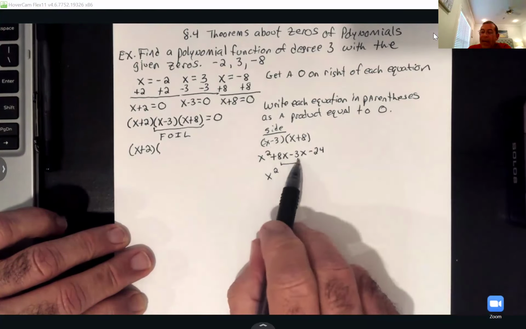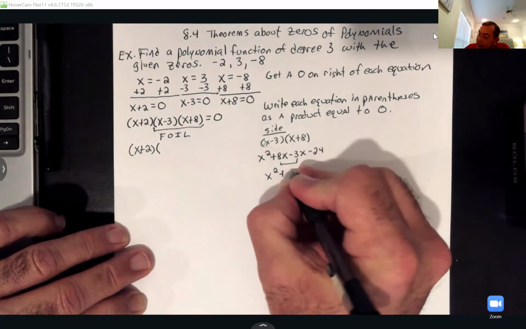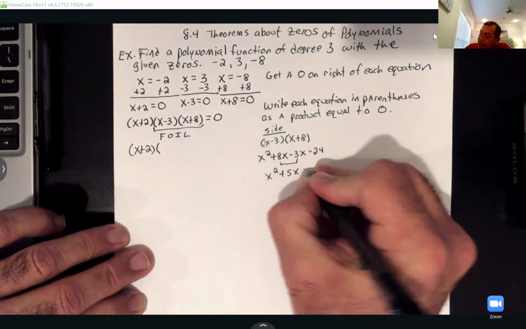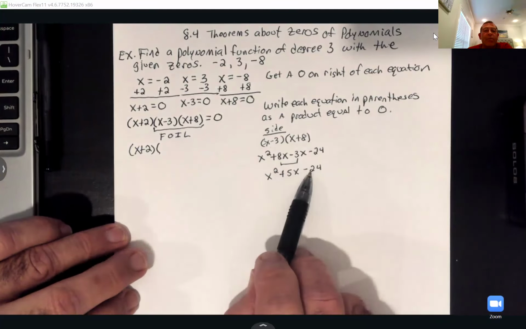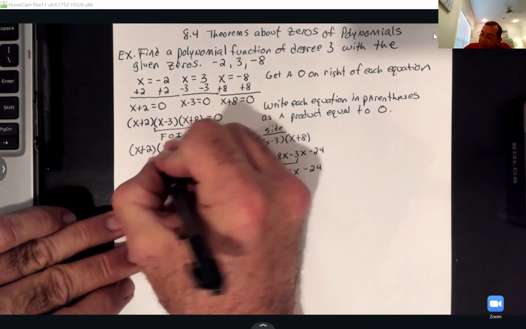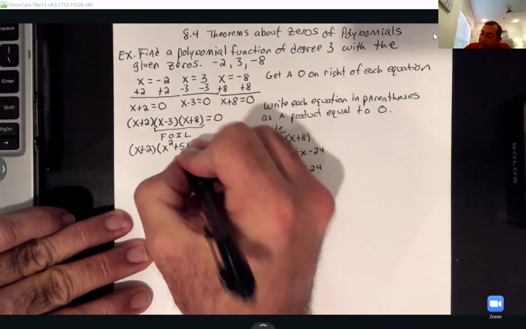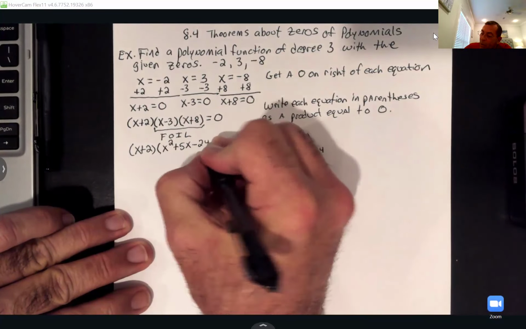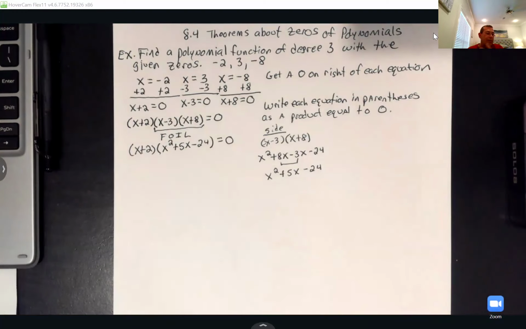Oh, what do we got? 8 minus 3 gives me a positive 5x, and then minus my 24. I can't do nothing else with that, so I'm going to put that in my parentheses: x squared plus 5x minus 24. And all of this is still equal to 0.